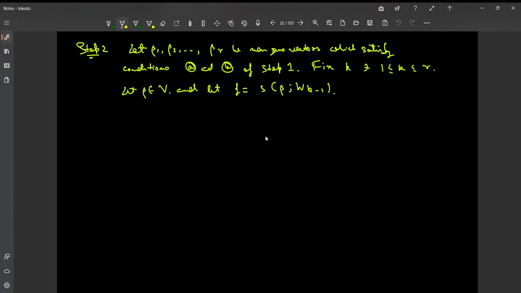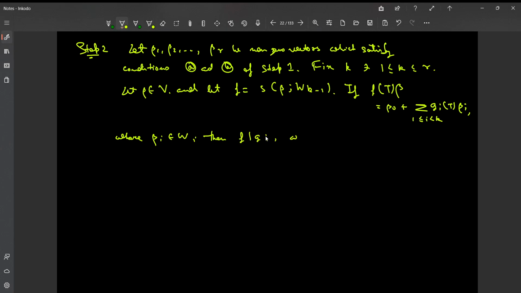Okay, Wk minus 1. If f(T) beta is of this form, beta naught plus the summation from 1 to k minus 1 of some polynomial gi(T) beta i, where beta i is in Wi, beta naught is in W0, beta 1 is in W1, beta 2 is in W2, and so on, then f will divide each of the polynomials gi, where gi is a polynomial.